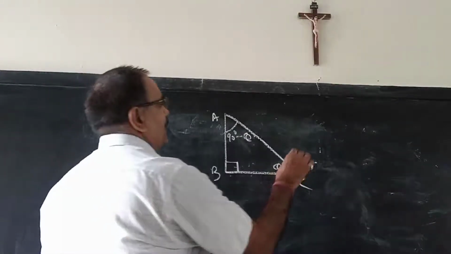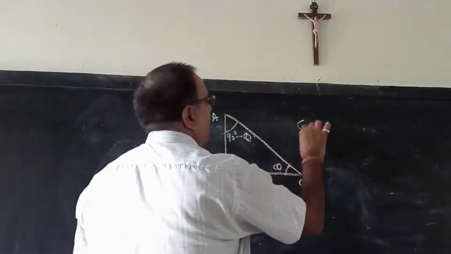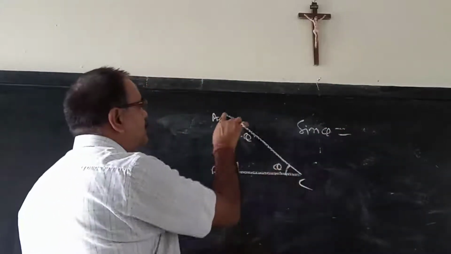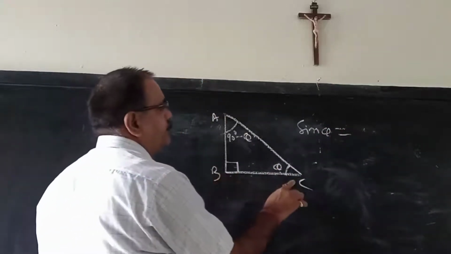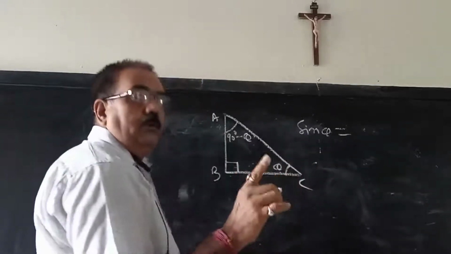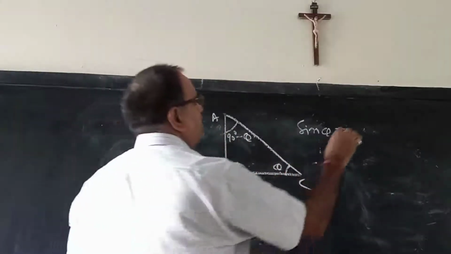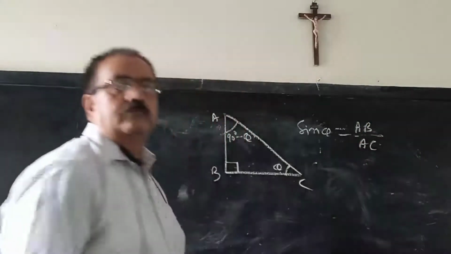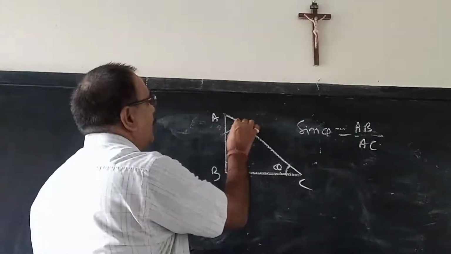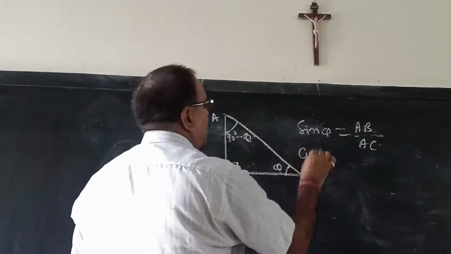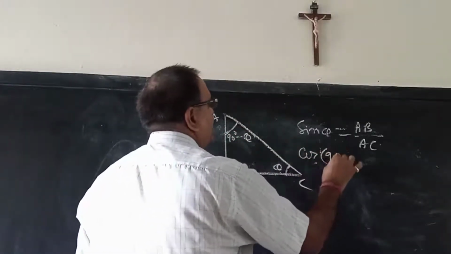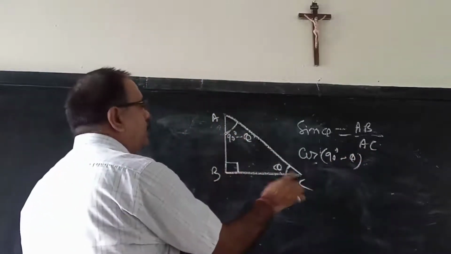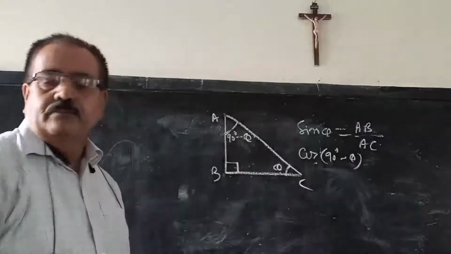Now when we take this angle theta, sin theta will be equal to perpendicular by hypotenuse, that is AB by AC, and BC is the base. Now take this other angle, so I take cos(90 minus theta). When we take this angle, AB is the base.